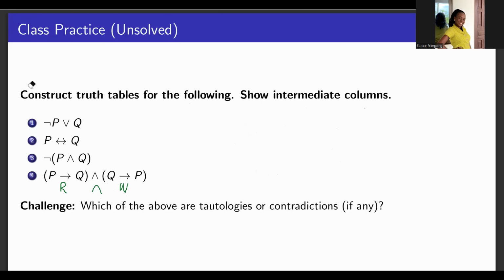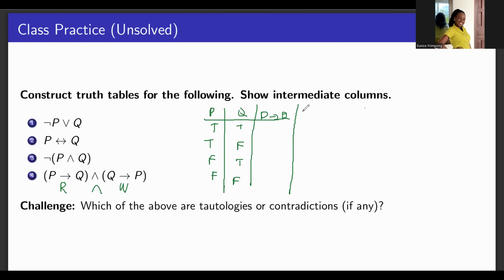So number 4, if you want to try number 4, what you do is, as usual, create columns for P and Q. So we have true, true, false, false, true, false, true, false. First of all, I'm going to do what's in brackets. So I'm going to first find P implies Q. Then I draw a column.